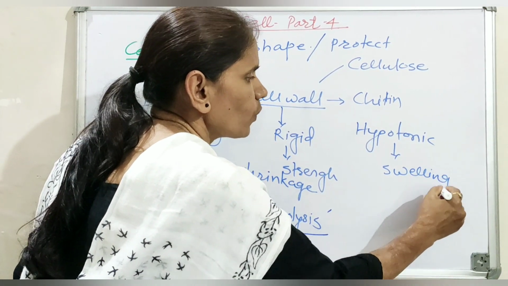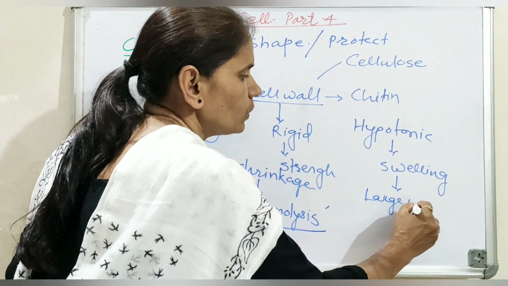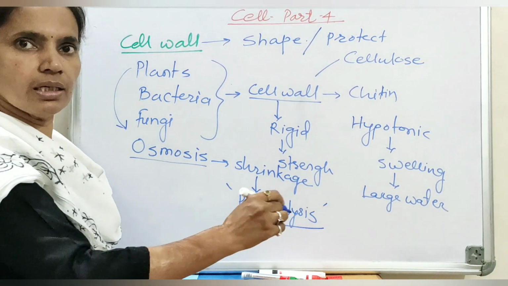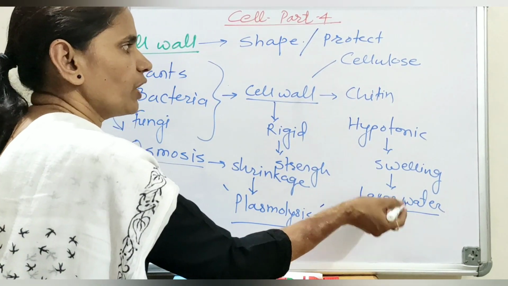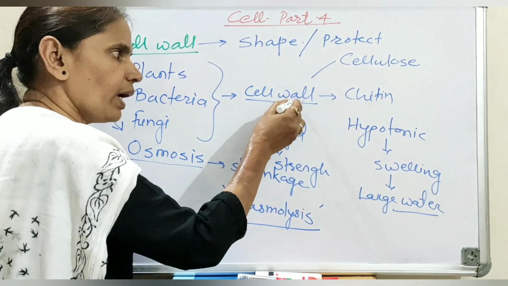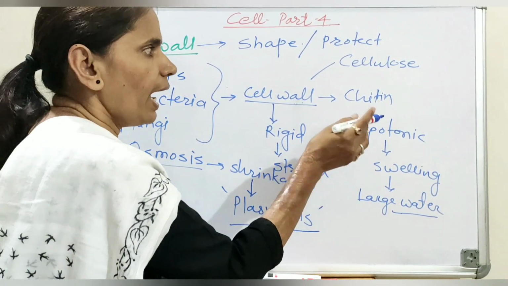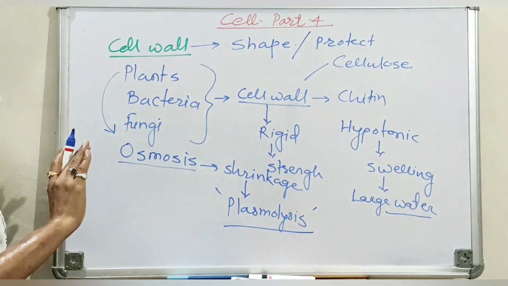When the cell swells, a very large amount of water molecules influx within the cell. This water exerts pressure on the cell wall, while the cell wall exerts reverse pressure on the cell and it protects the cell, as compared to the animal cell.